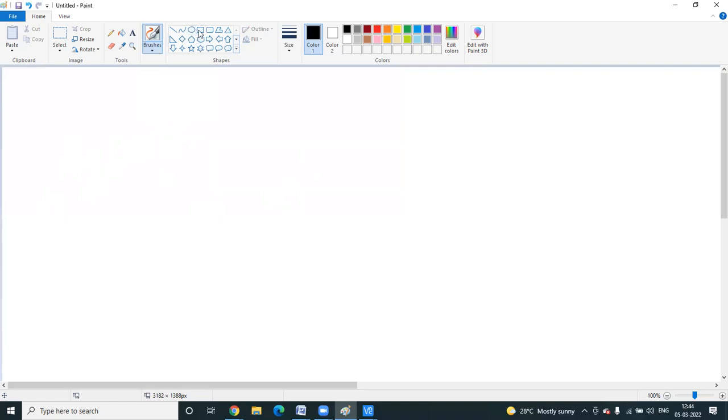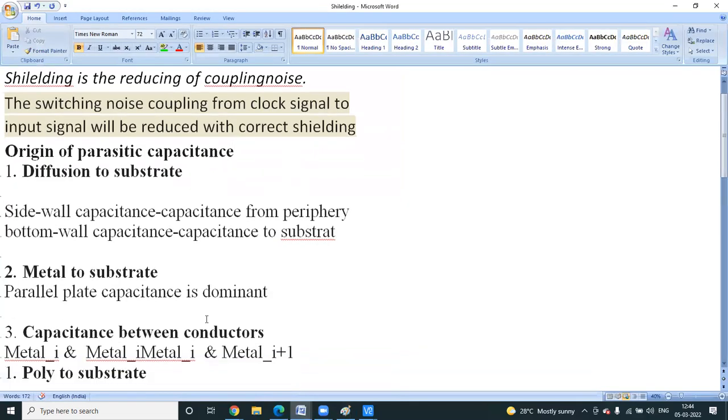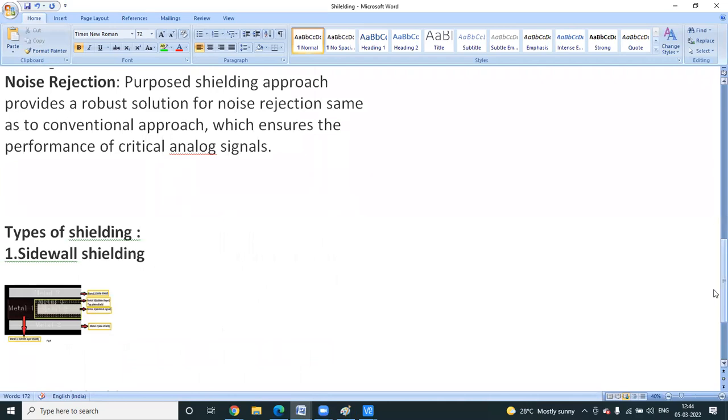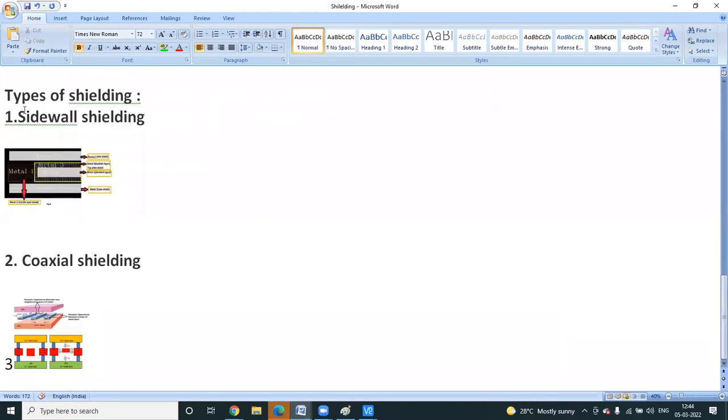Let's take an example. Shielding is of two types: one is sidewall and second is coaxial shielding. What is sidewall?